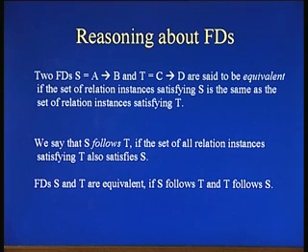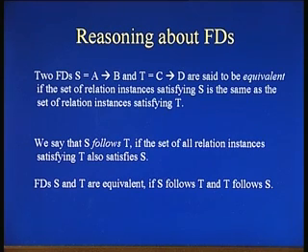Some more definitions. Suppose we have two sets of functional dependencies, A and B. Okay? Now again A and B are sets here, okay, and we have two sets of functional dependencies, that is A defining B and C defining D. Now these functional dependencies are said to be equivalent if the set of all relations that satisfy the first functional dependency is the same as the set of all relations satisfying the second functional dependency.